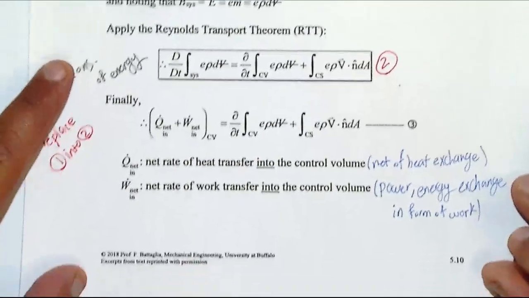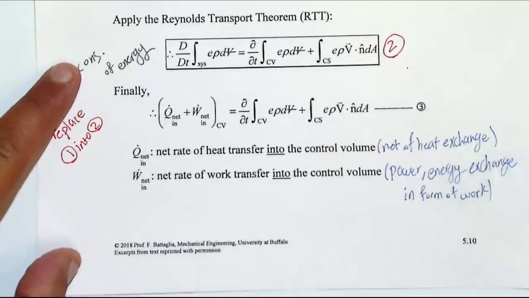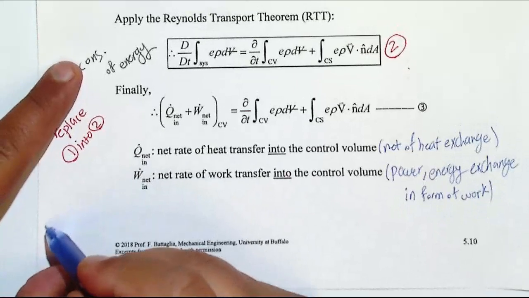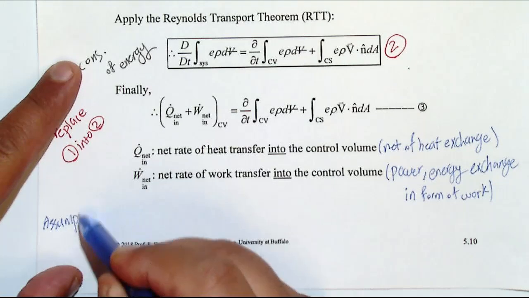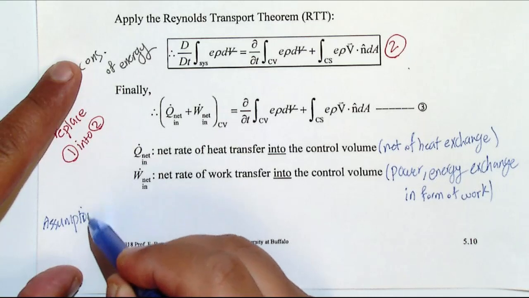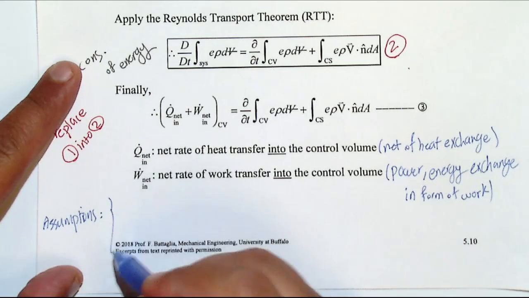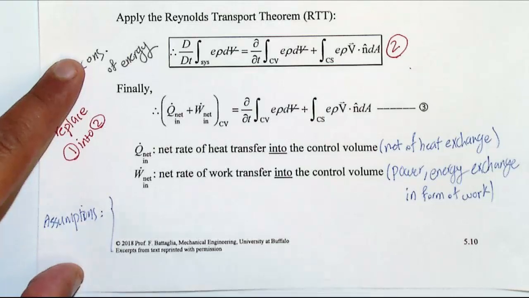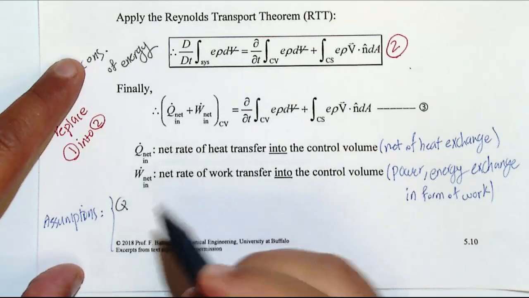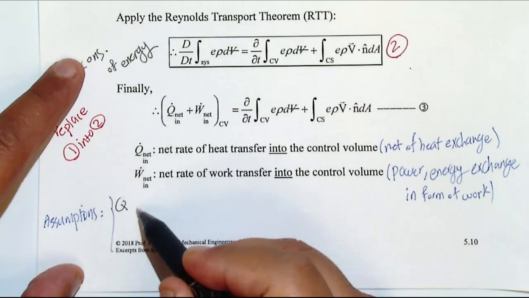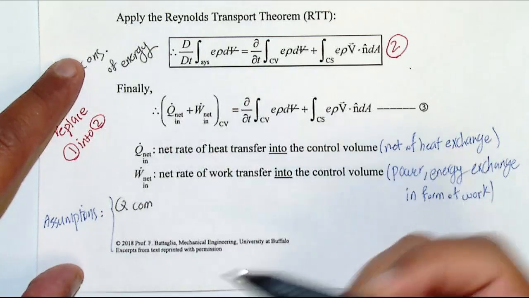Okay, perfect. But the only thing left is that we need to list our assumptions here about the signs. What are the assumptions? First, Q is the total energy, and Q dot is the net rate.